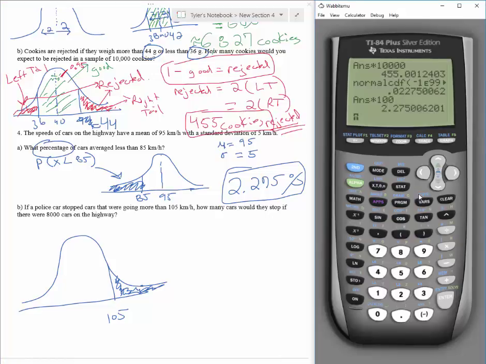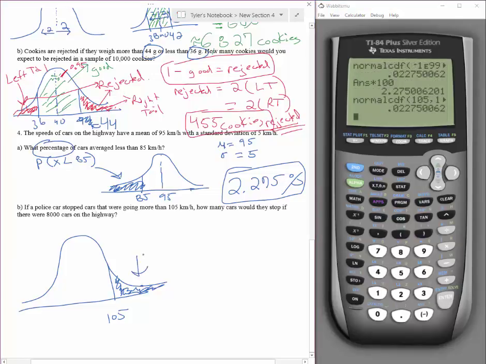If I go to second distribution, normal CDF, we want to go 105 to positive infinity. Whoops, didn't get the 1 in there. Second, insert 1. The mean and deviation are the same, so I can just go down and hit paste. So that's the area and also the percentage.